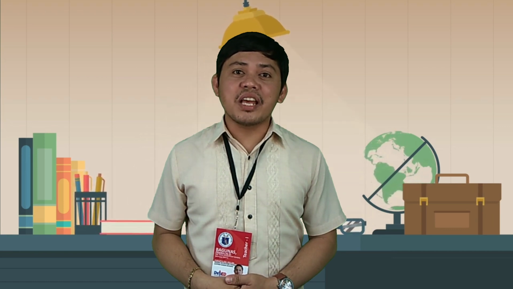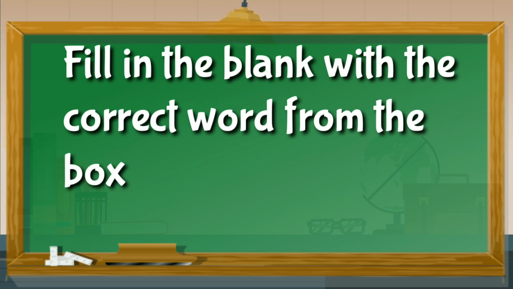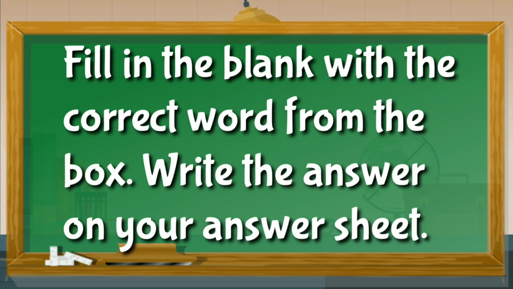Now let us see if you can already proceed to your next destination. Fill in the blank with the correct word from the box. Write the answer on your answer sheet.